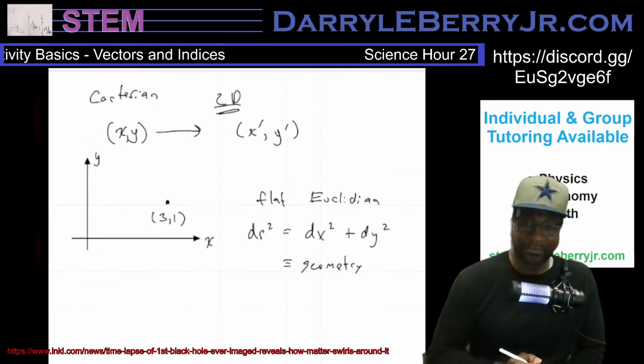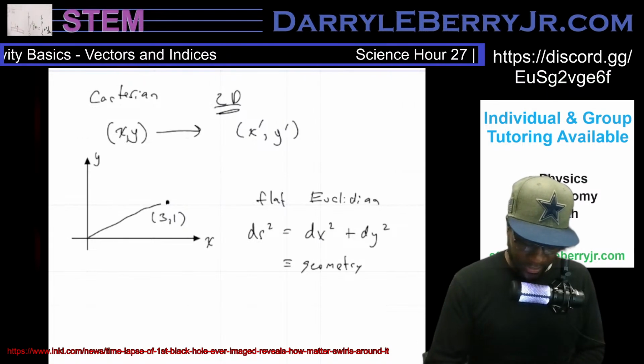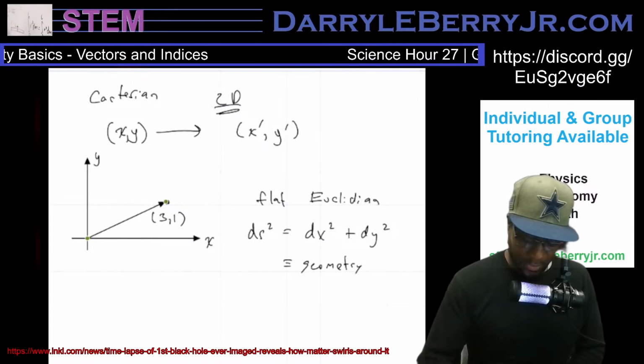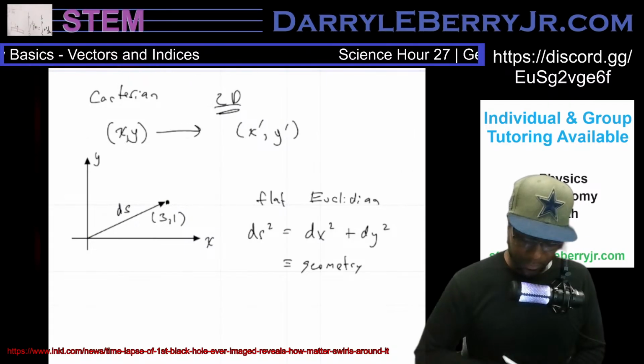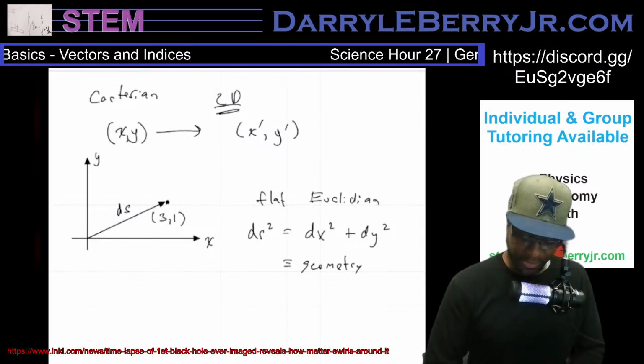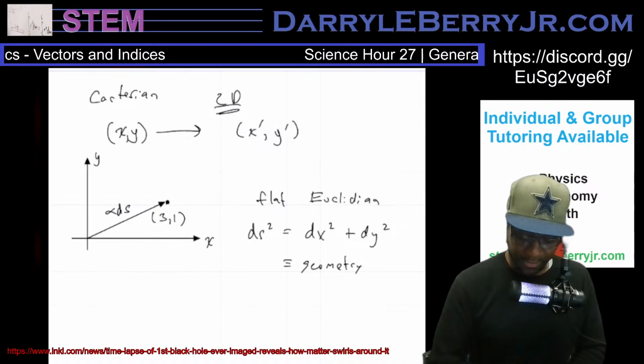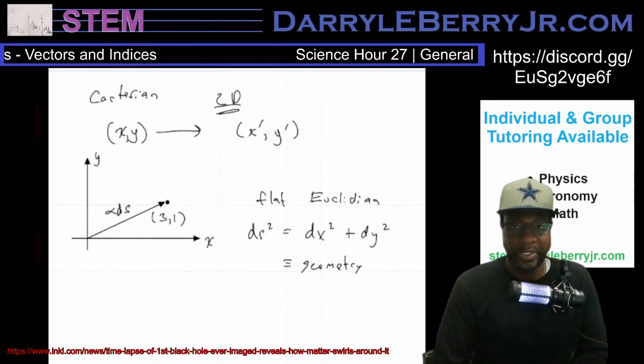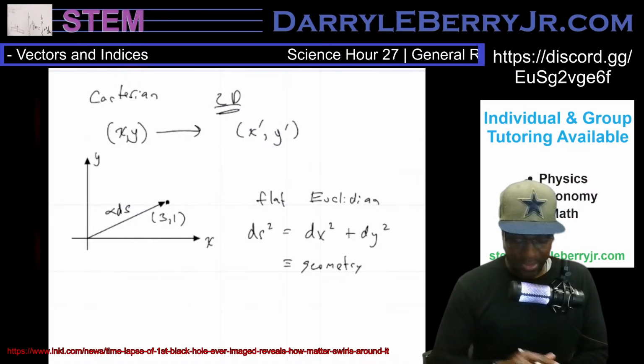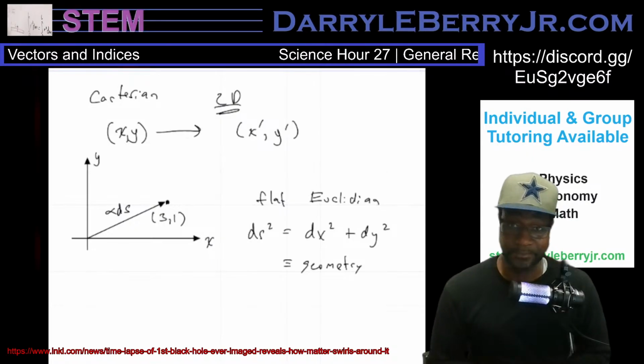If you have a vector in space, it is only so long. So the ds will be basically this distance here, scaled by whatever the length is, but that's going to be invariant. No matter what coordinate system we use, that distance has to stay the same.